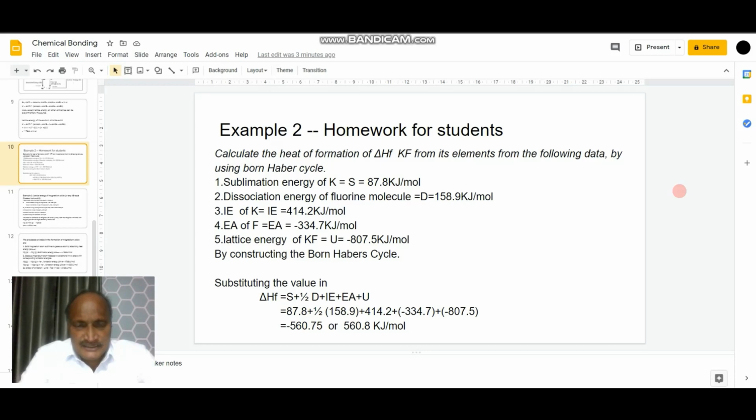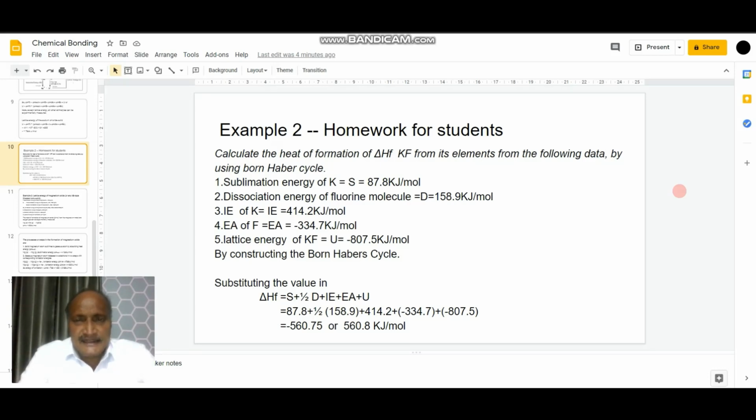Today we have studied the various steps involved in the formation of a crystalline compound, especially a monoatomic one, by taking the example of sodium chloride, and we have seen in detail the various steps involved in its formation.